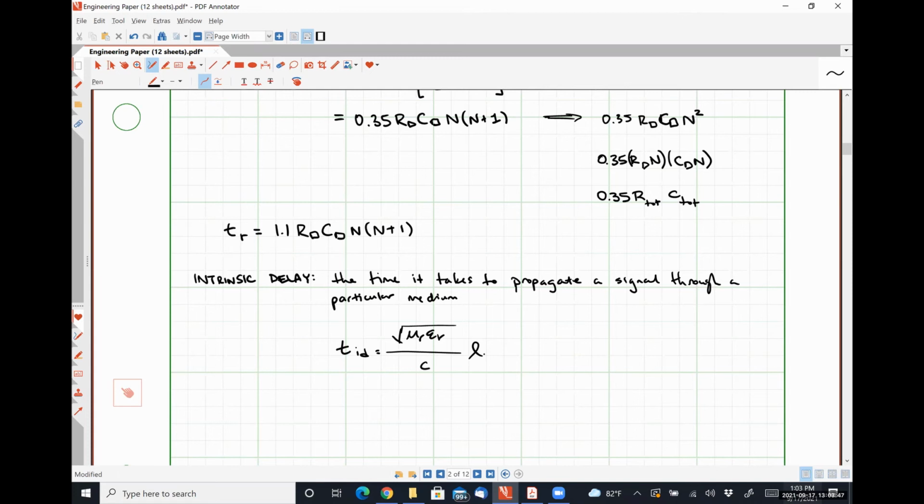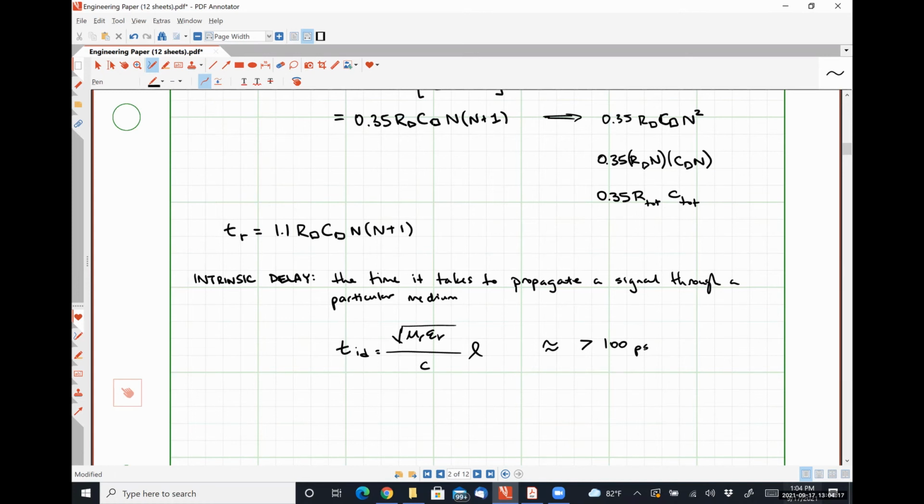Okay, so in silicon, for a long run, something on the order of a couple hundred microns to maybe a few millimeters, we expect this to be less than 100 picoseconds, right?